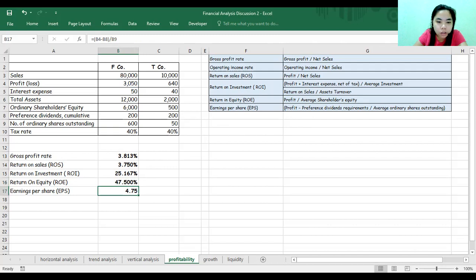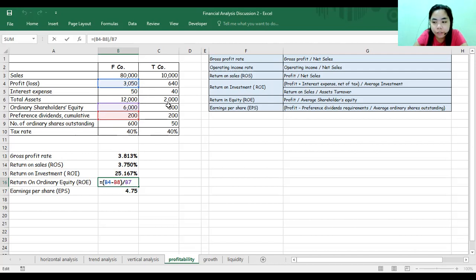So, it's not return on equity. It's return on ordinary equity, so you won't be confused. So that's it, the return on ordinary equity. That's profit less the dividends divided by the ordinary shareholders' equity.